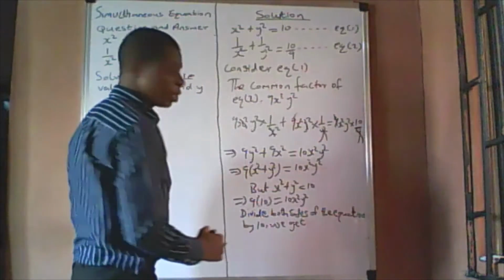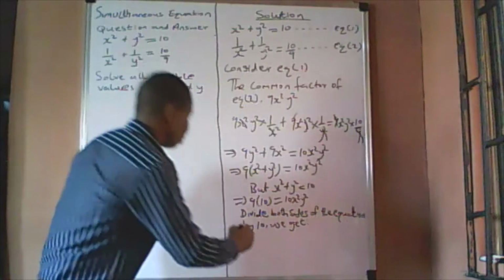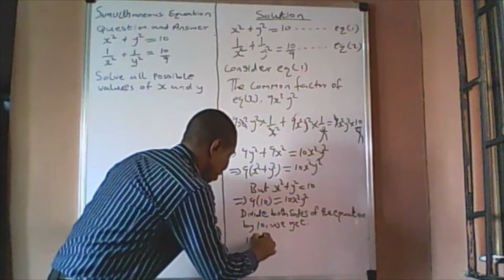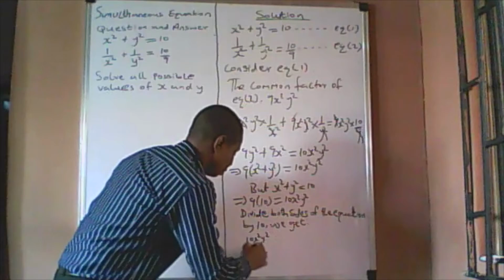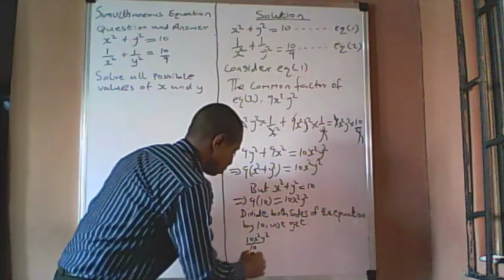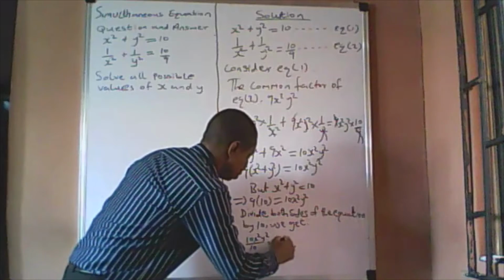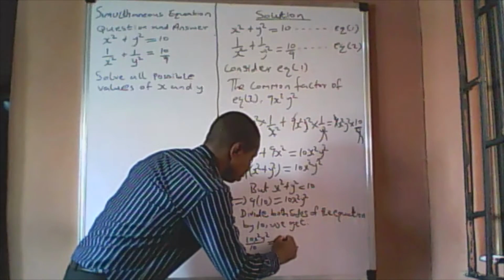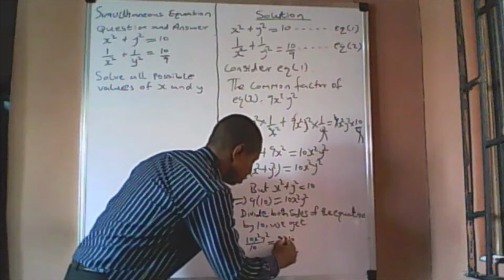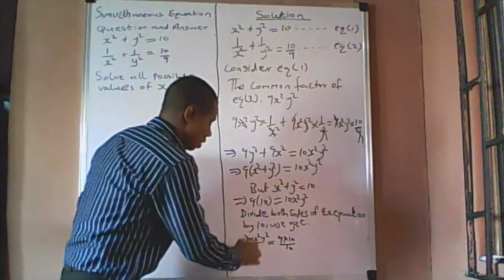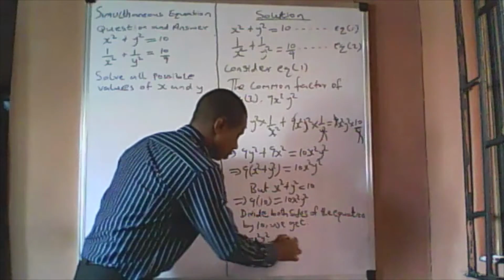We get 10x squared y squared divided by 10 equal to 9 times 10 divided by 10. 10 will cancel 10, 10 will cancel 10.